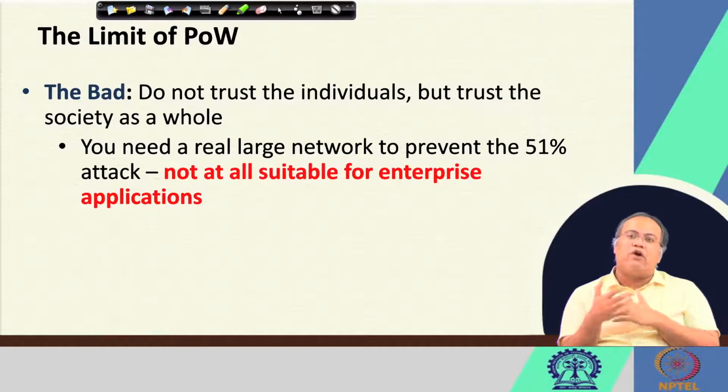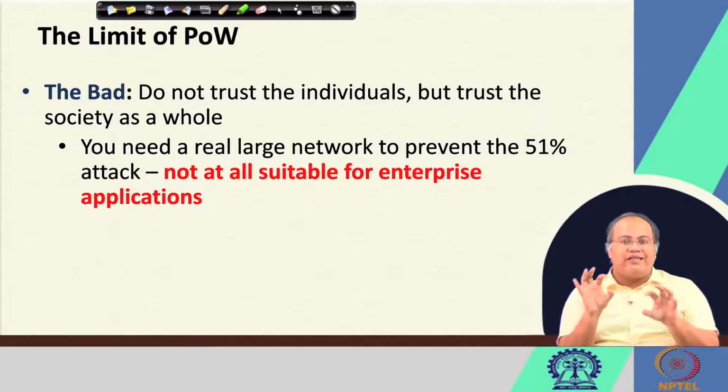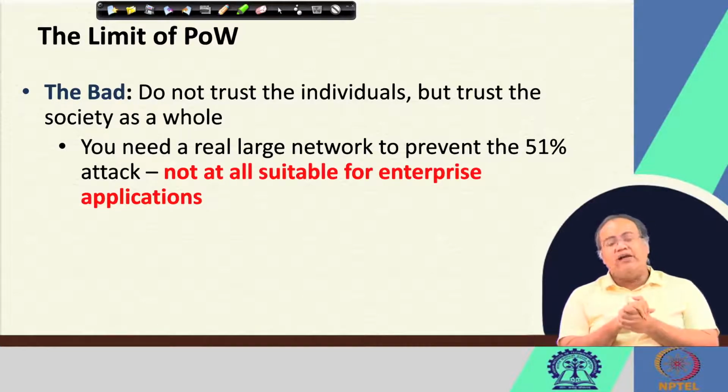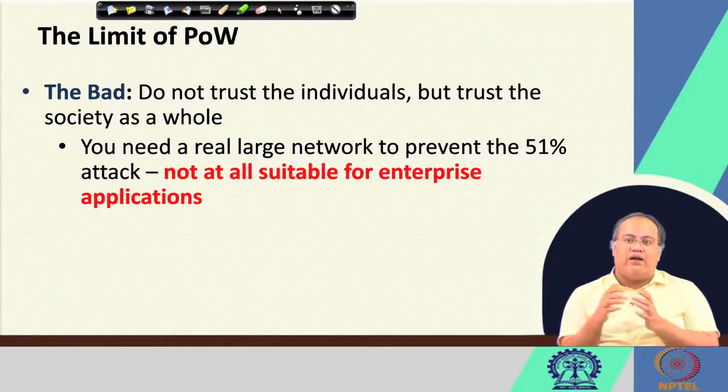Now, if I can compromise a few of the peers in your blockchain network, then I can possibly compromise the entire network. So during bootstrapping itself you need to ensure that your network is sufficiently large, which is really very difficult for a new application.